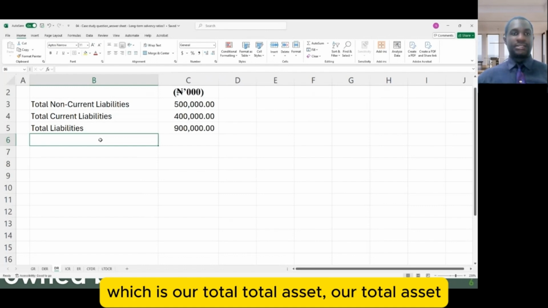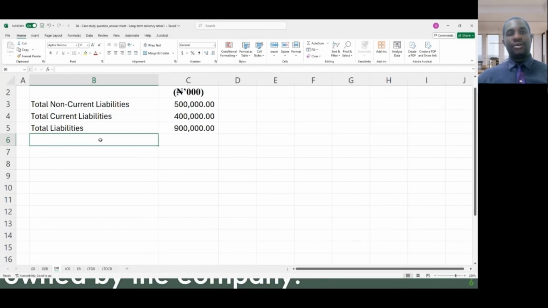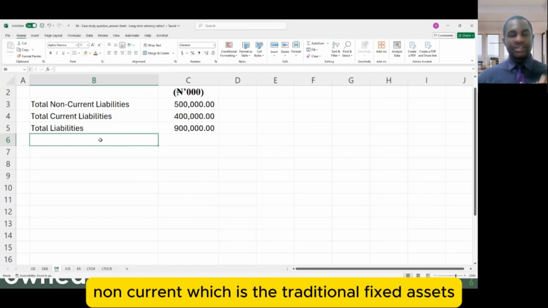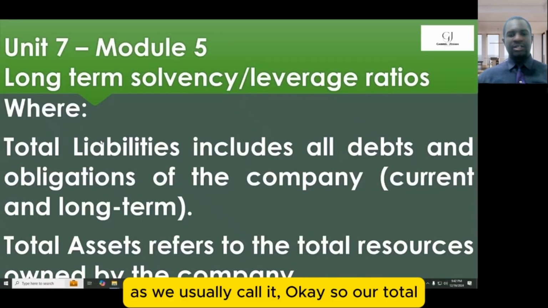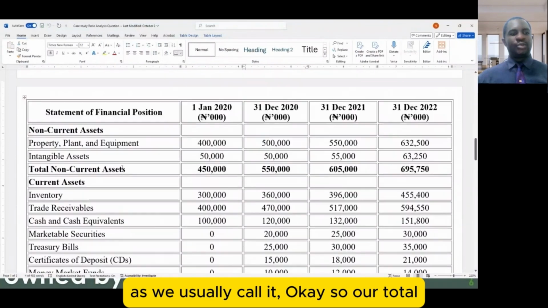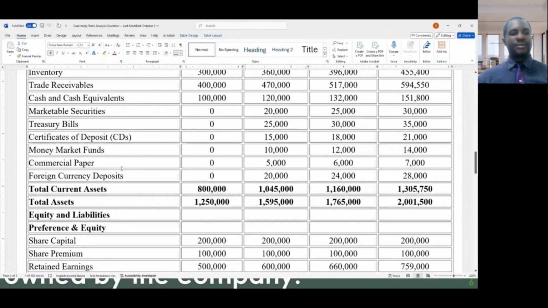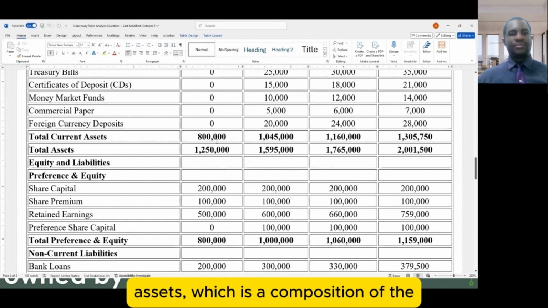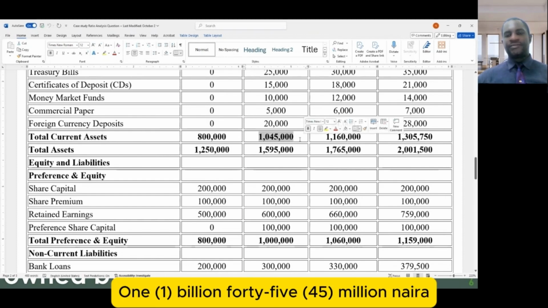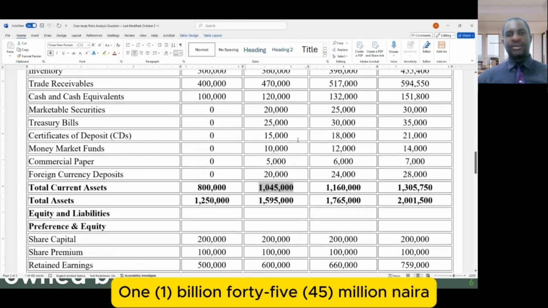Our total asset, which comprises of our current and our non-current. Non-current, which is the traditional fixed assets, as we usually call it. Okay, so our total assets, which is a composition of the current, our current assets is 1,045 million naira.